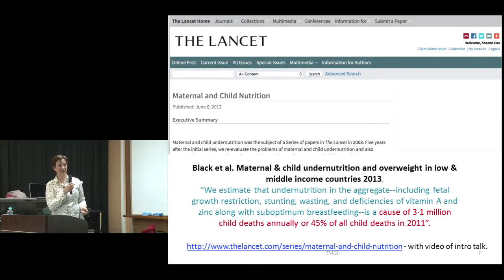That is data from 2011. So it hadn't changed that much. They've taken a broader analysis of what undernutrition means and how you measure it, but it's still estimated 45% of all deaths.